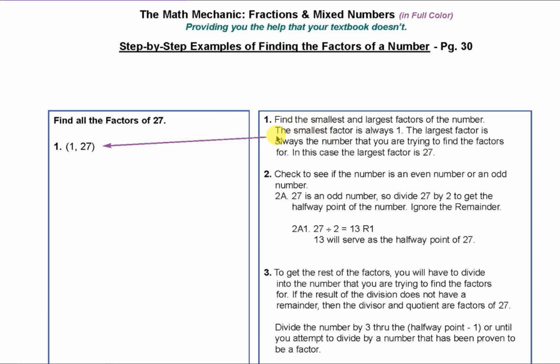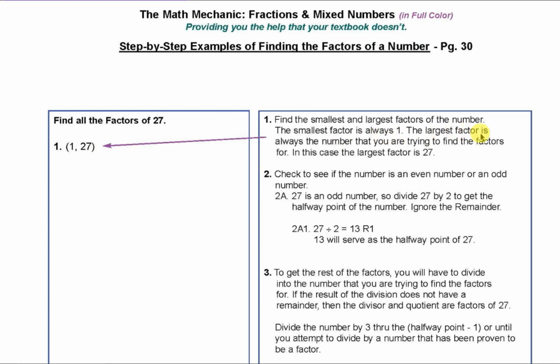As stated earlier, the smallest factor of a number that is greater than 0 is always 1. So 1 is a factor of 27.